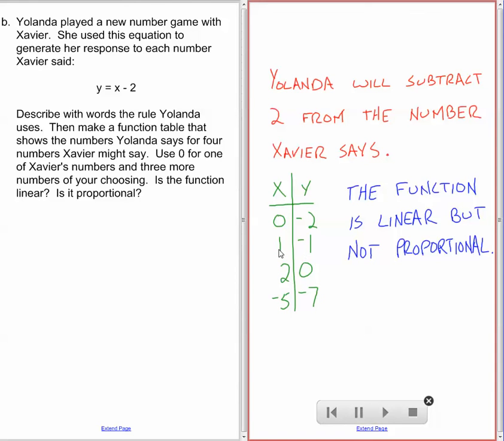Does that make sense? One more time. 1 times -1 is -1. 2 times -1 is not 0. Okay? This would have to be -2 for this to be proportional. It is not proportional. We'll talk about that more in class if that's a little bit confusing to you. So the function is linear, but it's not proportional.